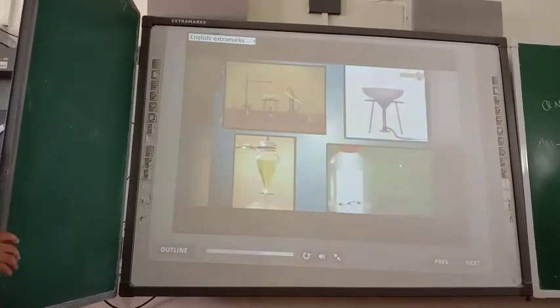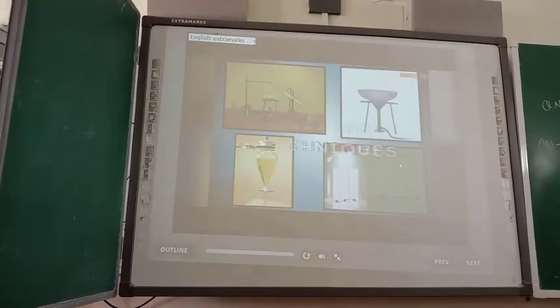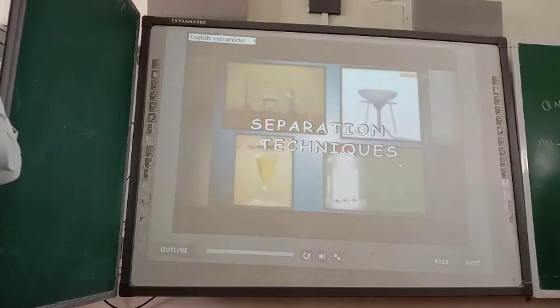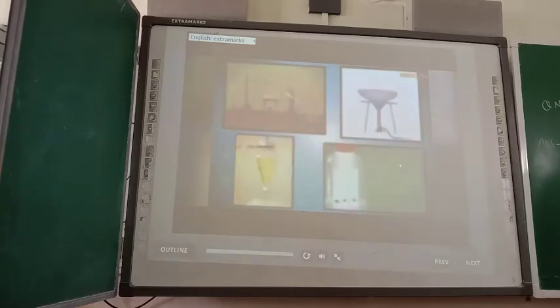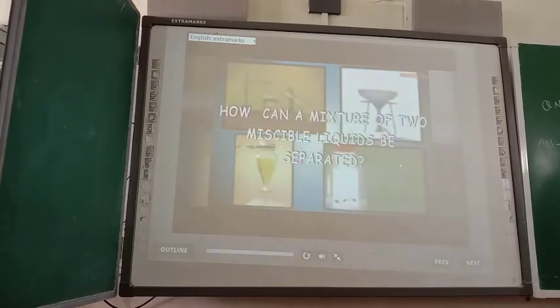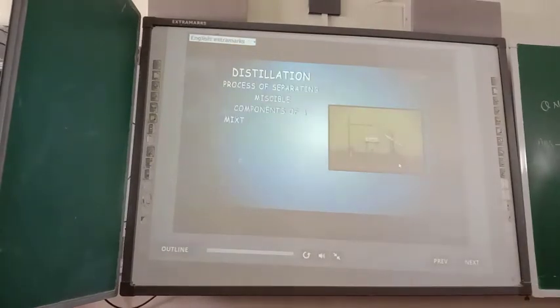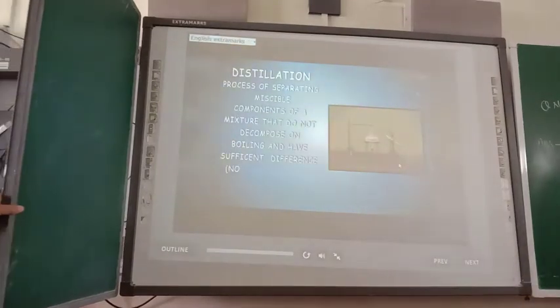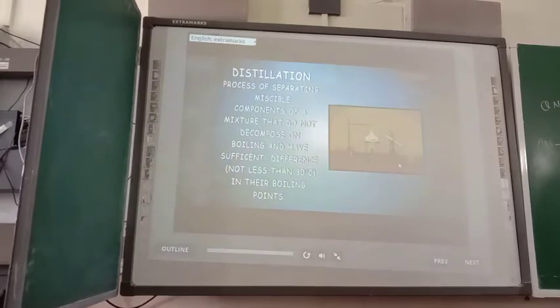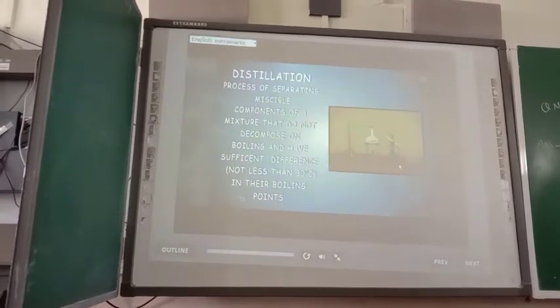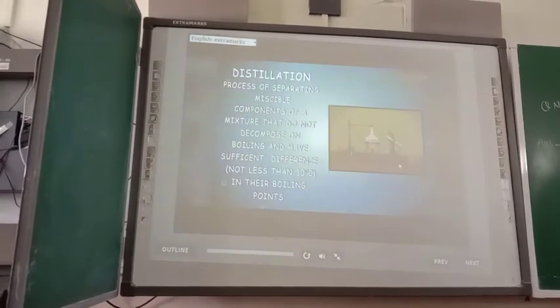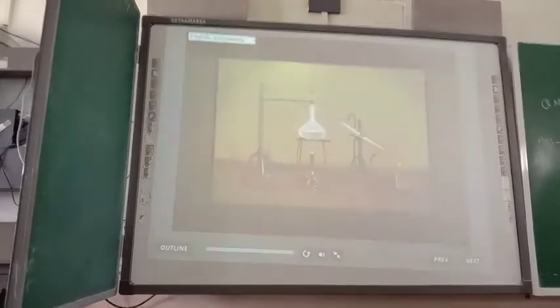Different separation techniques are used for separating components of different types of mixtures. A mixture of two miscible liquids can be separated by a method called distillation. Distillation is the process of separating miscible components of a mixture that do not decompose on boiling and have sufficient difference in their boiling points.